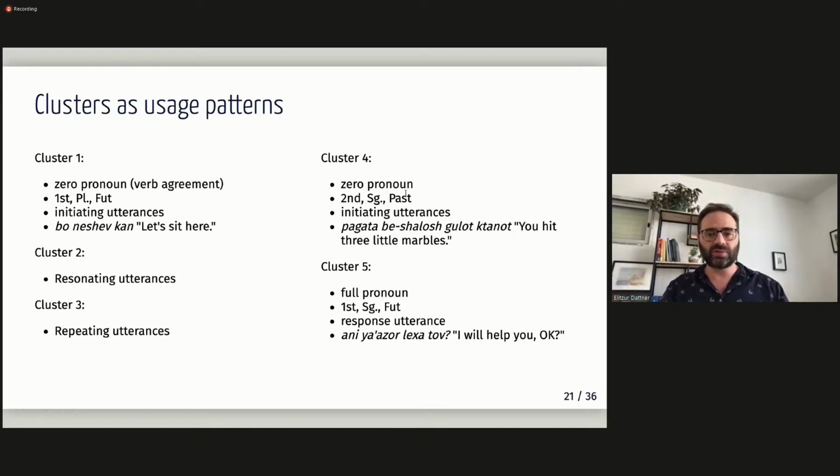Next is cluster 4, and we have a zero pronoun, second singular past, and initiating utterances, as in pagata b'shalosh gulot tanot, you hit 3 little marbles. And finally, we have cluster 5, full pronoun, first singular future, and the response utterance, as in ani azor lecha tov, I will help you. Okay. And now we can ask the question, is there any relation between the cluster type and the age groups we saw earlier?